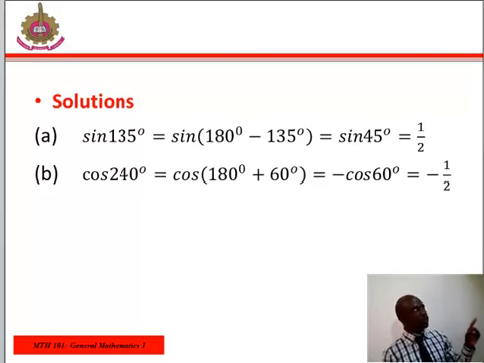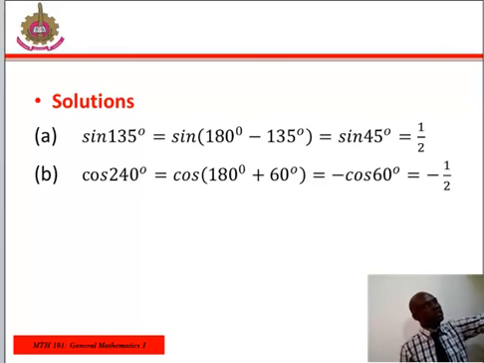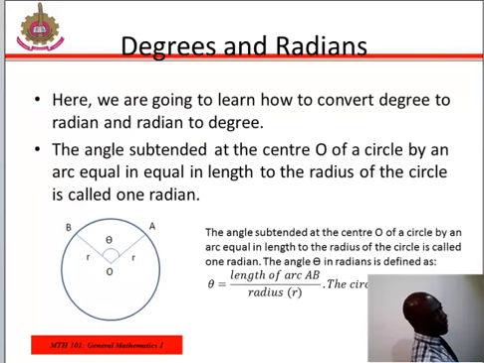In that third quadrant, only tan gives positive, and this implies that this will give cos of 180 degrees plus 60 degrees. Remember that cos is negative here, and this will give us minus cos 60 degrees, and cos 60 degrees will give us minus 1/2.